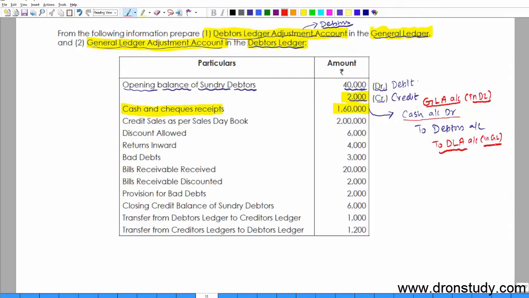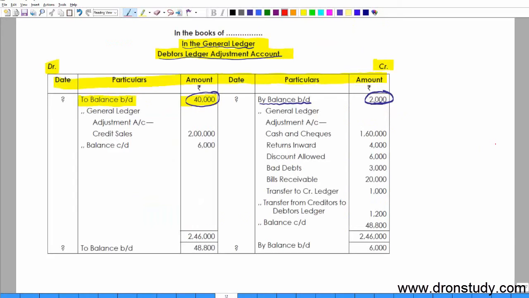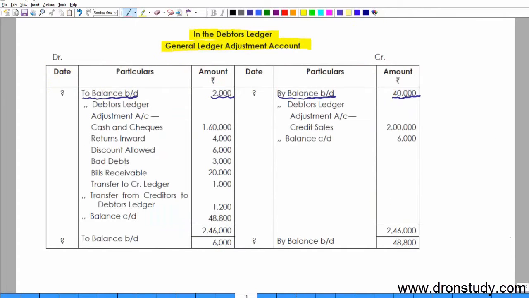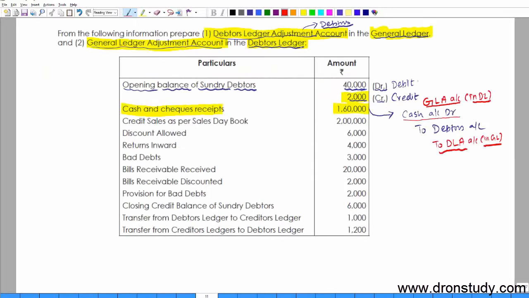So first we'll go to general ledger adjustment account in debtors ledger. Here you have general ledger adjustment account in debtors ledger, and as per the entry, this general ledger adjustment account should be debited and debtors ledger adjustment account should be credited.